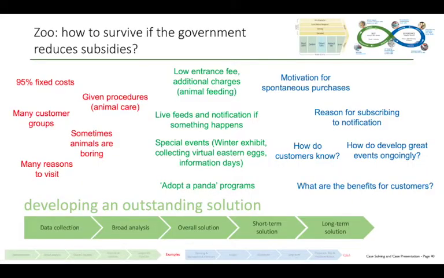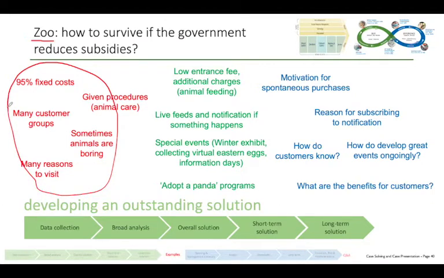The first example is a zoo, and the question would be, how can a zoo survive if the government decides to reduce the subsidies?